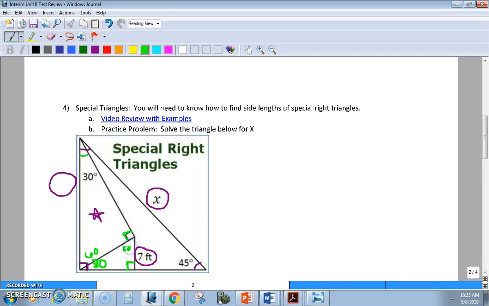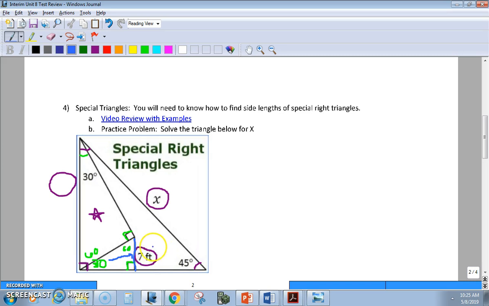So in this question, I'm going to use both my knowledge of a 30, 60, 90 triangle and my knowledge of a 45, 45, 90 triangle, starting with the 30, 60, 90. So let's use blue for this first triangle. If I know this side of the triangle is 7, and I'm looking at the smallest triangle now, I know that that is the smallest side because it's opposite of the smallest angle.